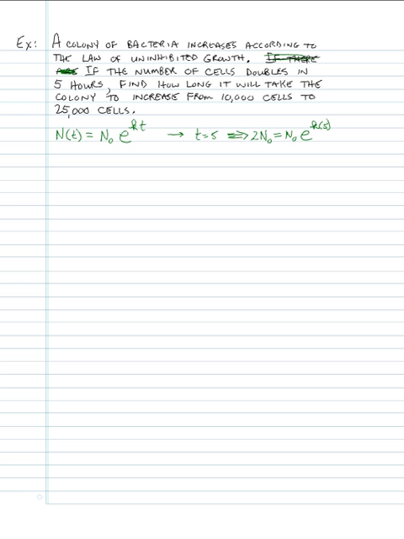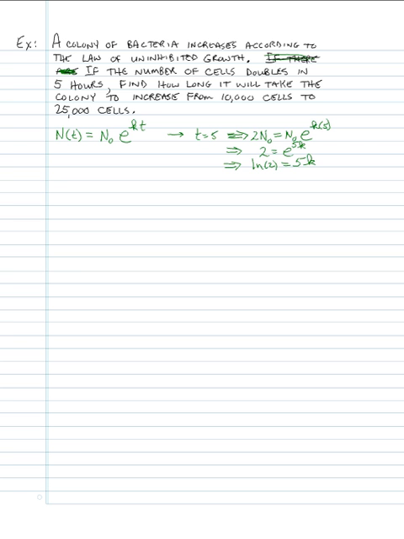And so, of course, what we get from there, we divide both sides by N sub 0, and we get 2 is equal to e to the power 5k. And so we solve that exponential equation by taking the logarithm of both sides. So we have the logarithm of 2 is equal to the logarithm of e to the 5k, which is just 5k.